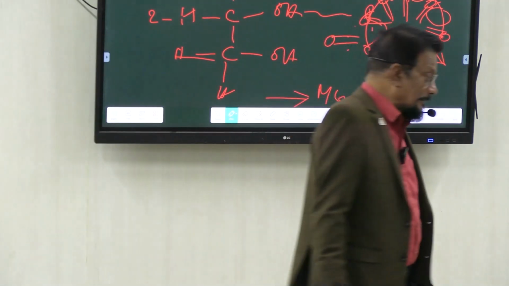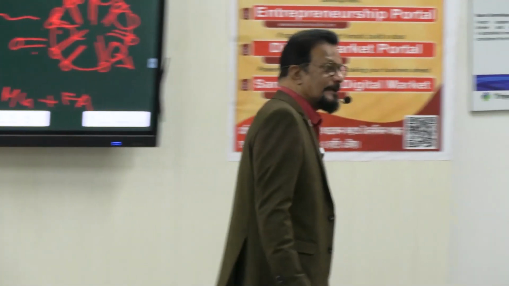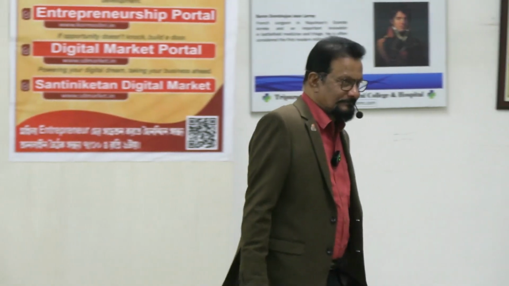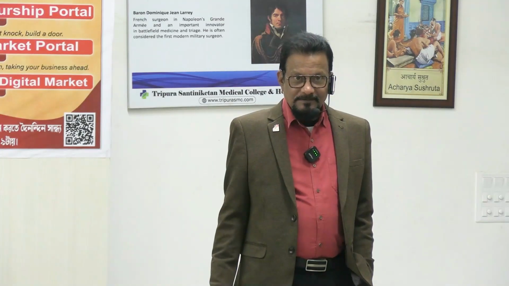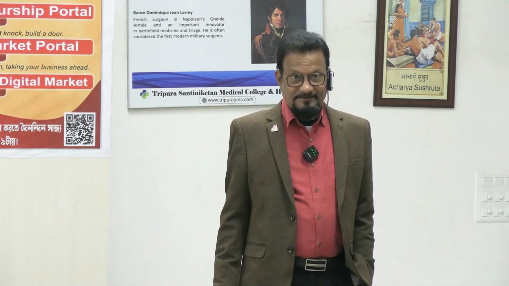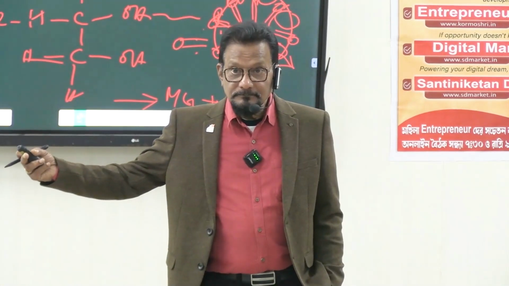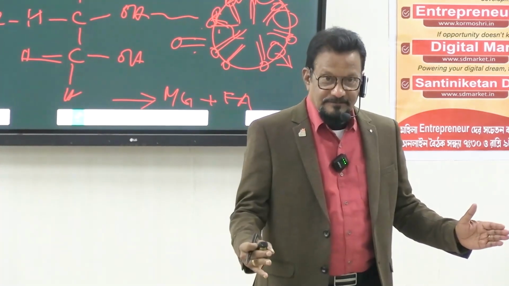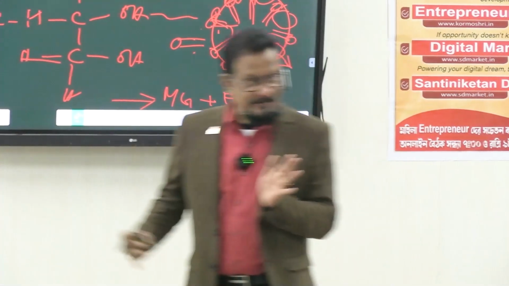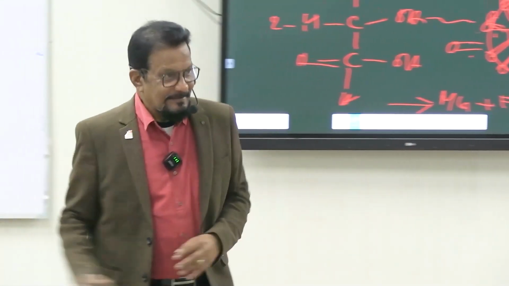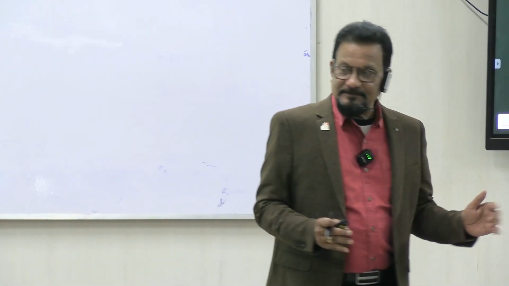Okay. So now what are the products we are getting in the intestinal lumen? 2 monoglycerides and a number of fatty acids. And these fatty acids are variable. Some will be short chain, some medium chain, some long chain, some saturated, some unsaturated.